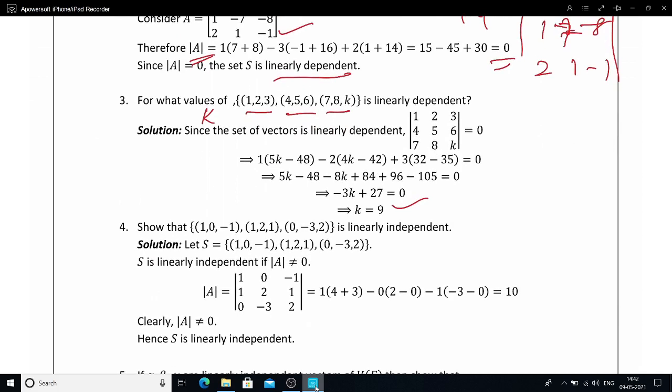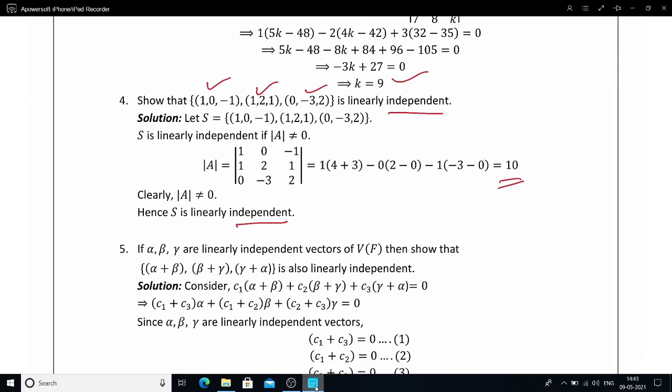Show that the set containing the vectors 1, 0, minus 1, 1, 2, 1, 0, minus 3, 2 is linearly dependent. Treat each vector as a row of the determinant and expand. Here we get 10. 10 is not equal to 0, which means it is non-singular. Therefore, the set containing the vectors is linearly independent.